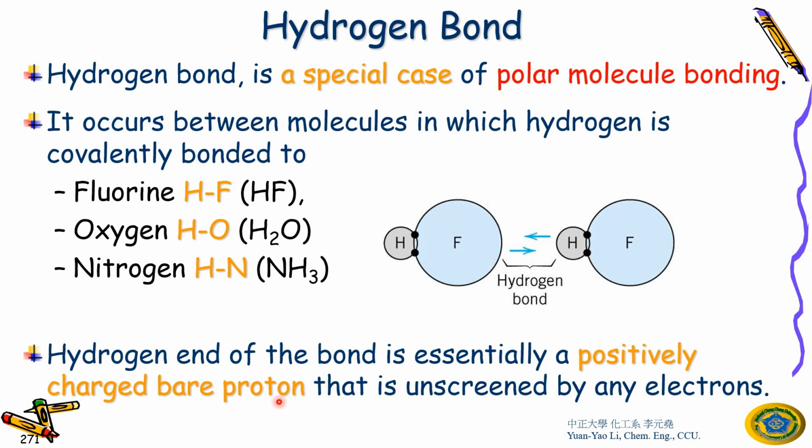So the hydrogen end of the bond is essentially a positively charged bare proton that is unscreened by any electrons. So this proton here is unscreened by any electrons, right? So this is very, very positively charged.